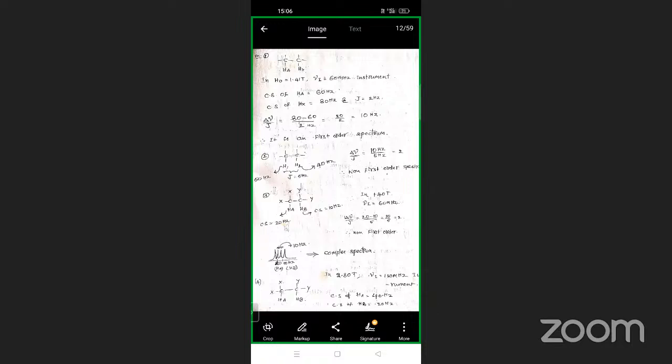So delta nu equals 50 minus 40 divided by 5, which is 10 by 5, so it is 2. So here this value is 2, which means it is a non-first order proton NMR spectra.